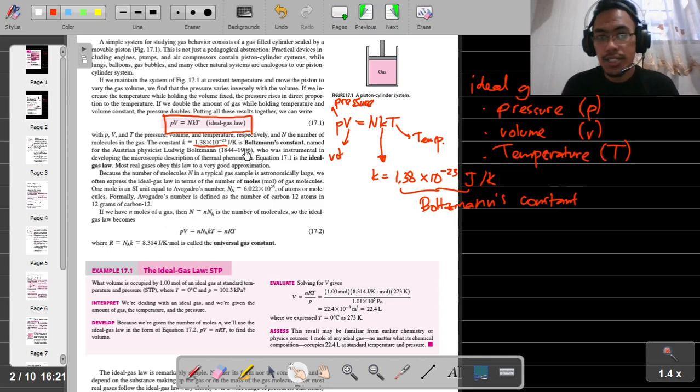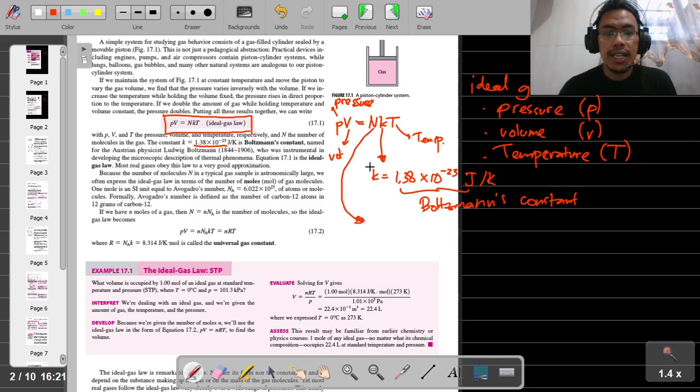To give honor to this person because he found this constant, people put his name on the constant. So, Boltzmann's constant.